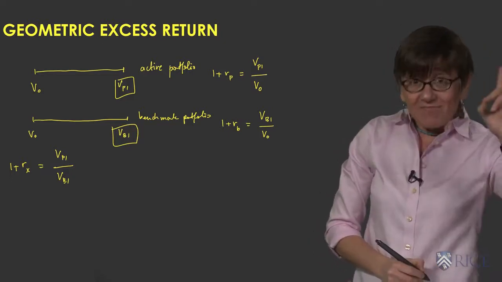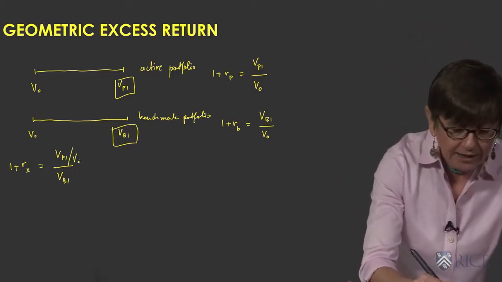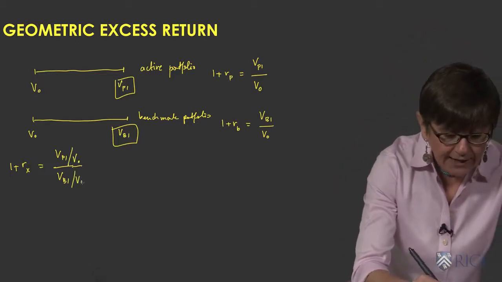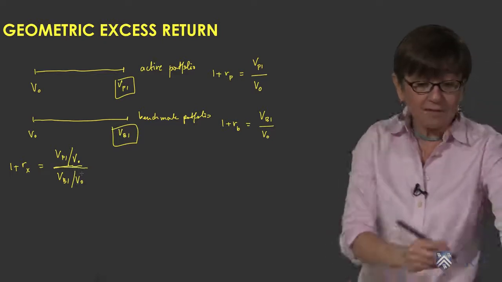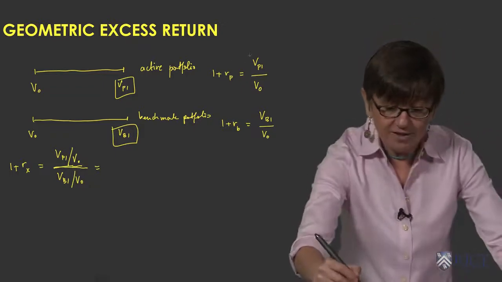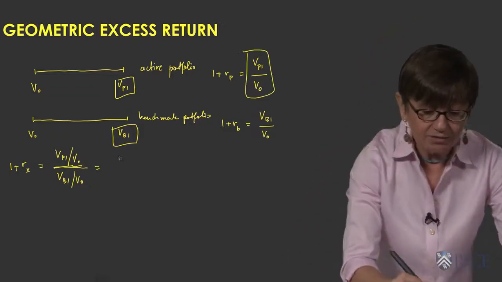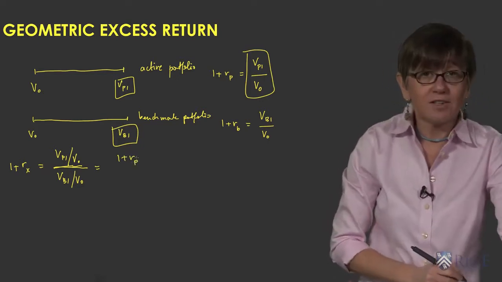Now, if I divide both the numerator and the denominator by V0, now what do you have? Well, you see that the numerator is, of course, this expression, so I can replace that by 1 plus RP, the portfolio return.